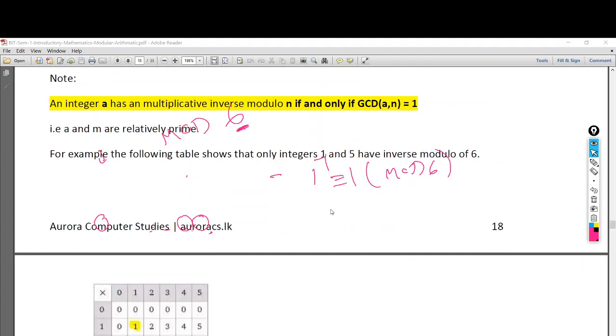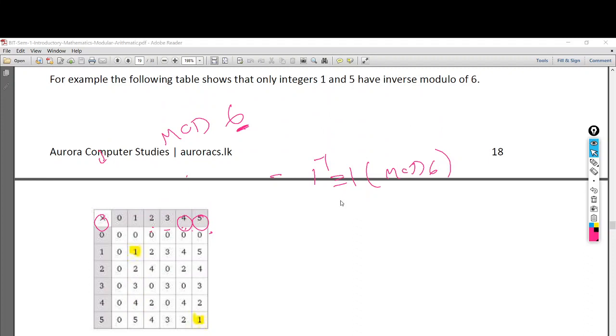It says an integer a has a multiplicative inverse modulo n if and only if the GCD of a and n is 1. Now let's see whether the GCD of a and n is 1 or not. In this case, n is 6, and our a is 2.